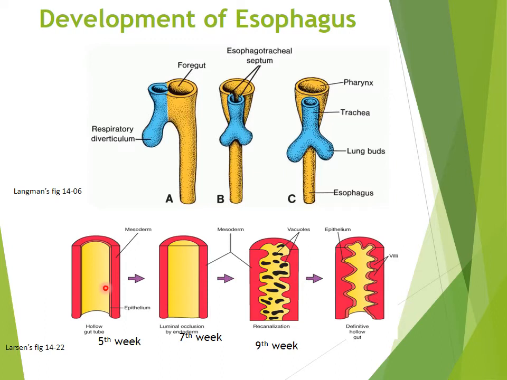So first of all there is a tube, then from the 5th week onward there is the rapid proliferation of the endodermal epithelial cells, which are obliterating the lumen of the esophagus, and at the 8th week onwards there is a recanalization process, and by this recanalization again there is a development of the lumen of the gut tube. So it is restored by the recanalization process.